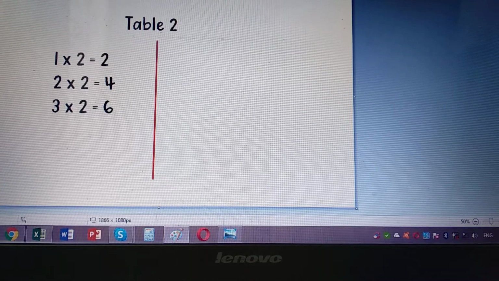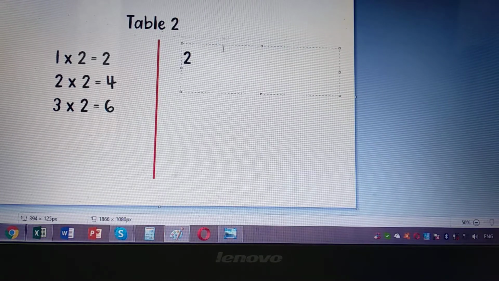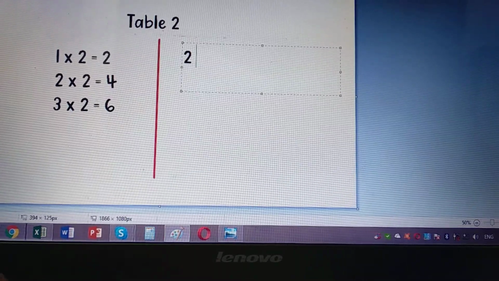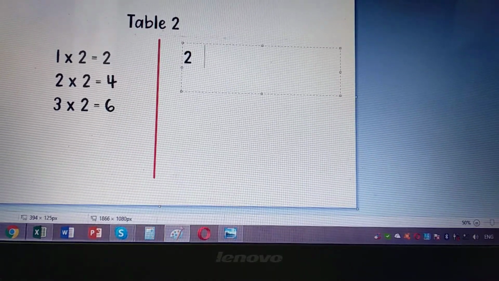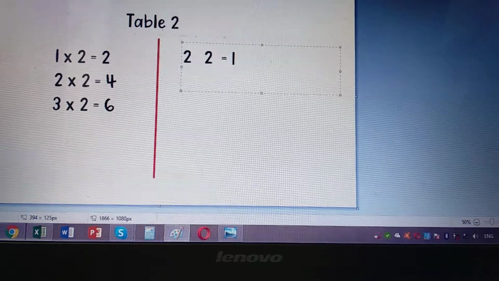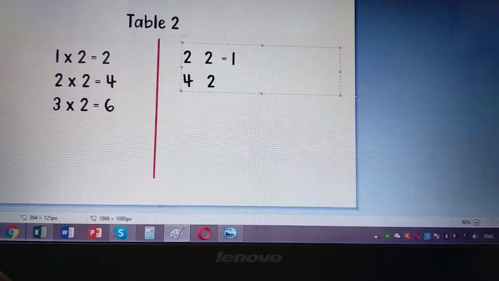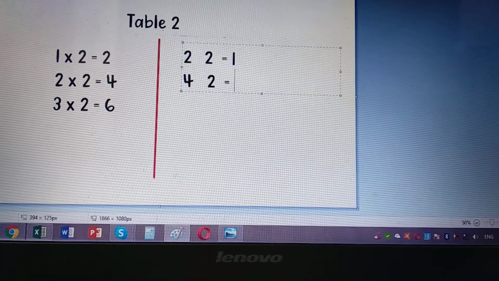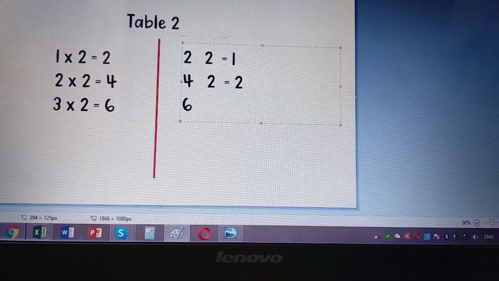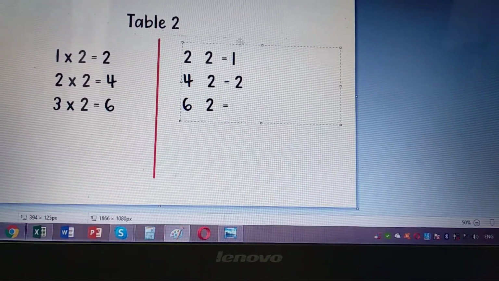For example, 2 divided by 2 equals 1. I'll just write it down later. 4 divided by 2 equals 2, and 6 divided by 2 equals 3.